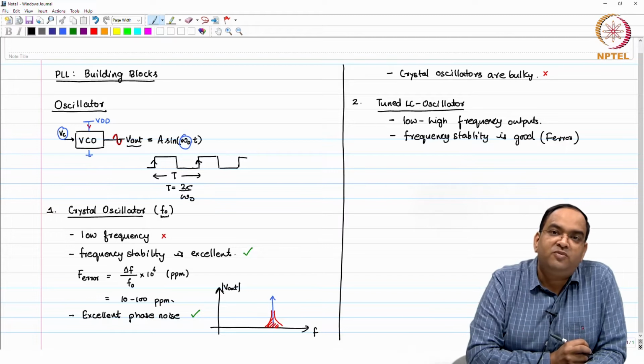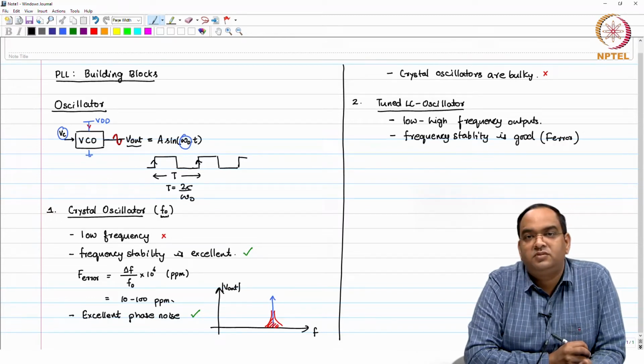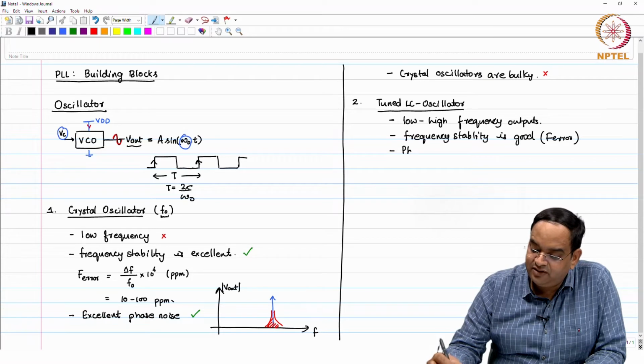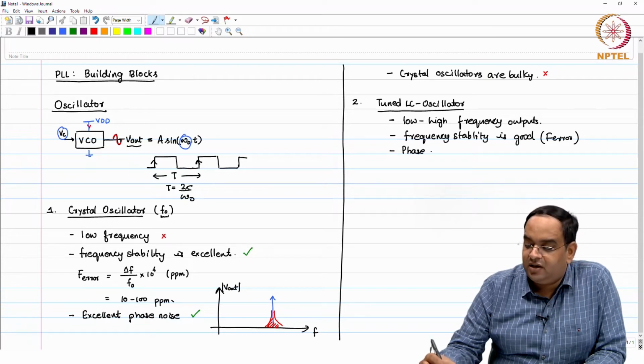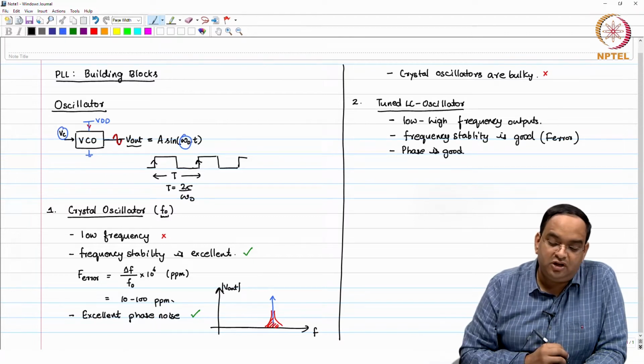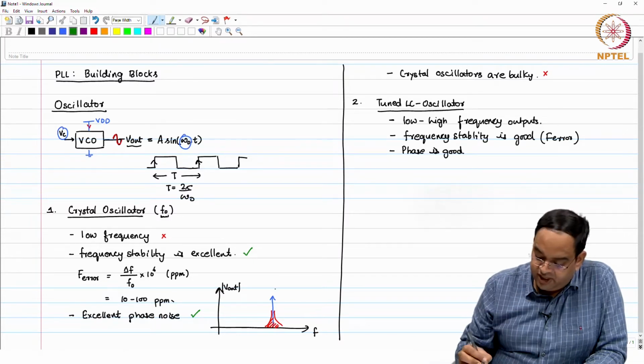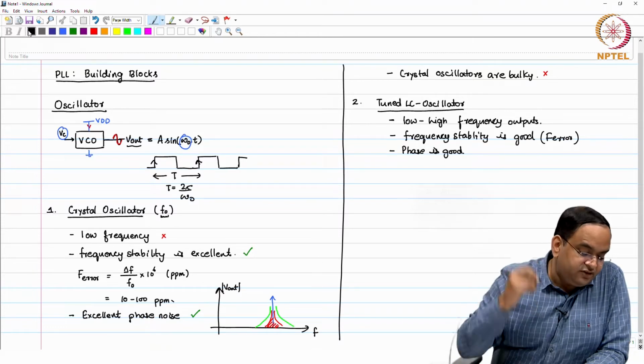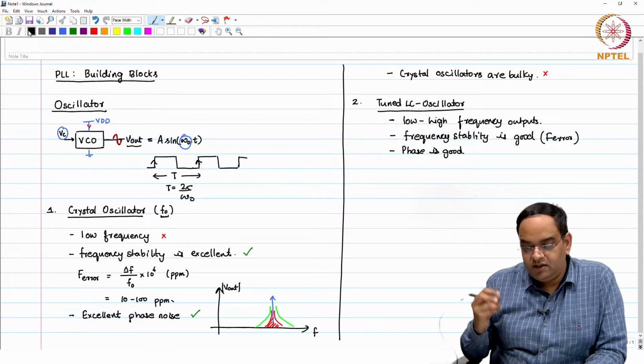Okay, it can vary from 100 ppm, depending on the values, up to 1000 ppm in general. Okay. The next one is your phase noise. Phase noise is good, but not as good as your crystal oscillator. So, phase noise may increase. Just for an example, I may have a larger phase noise like this in comparison to your crystal oscillators.